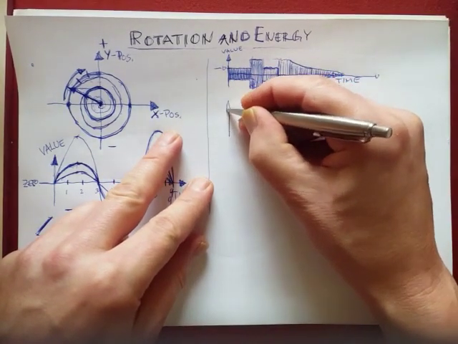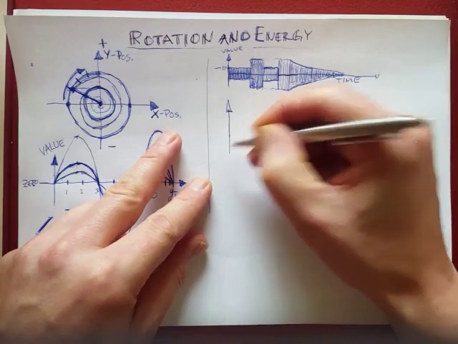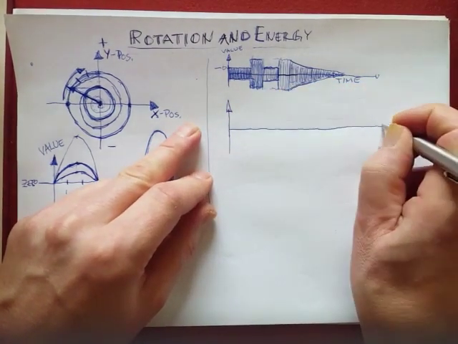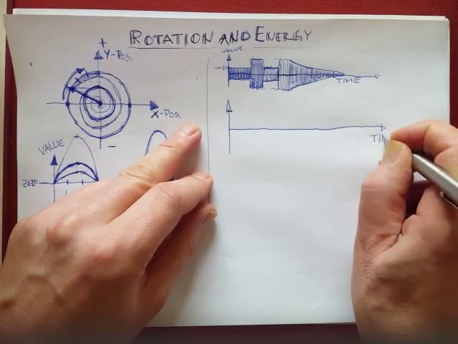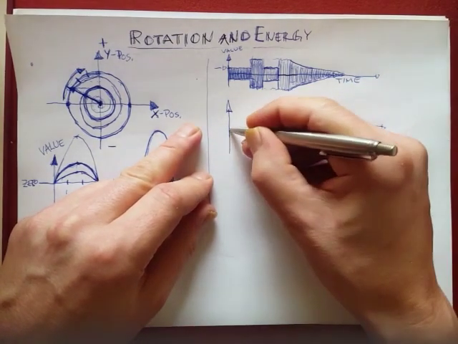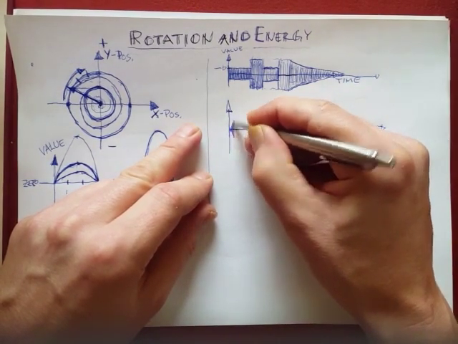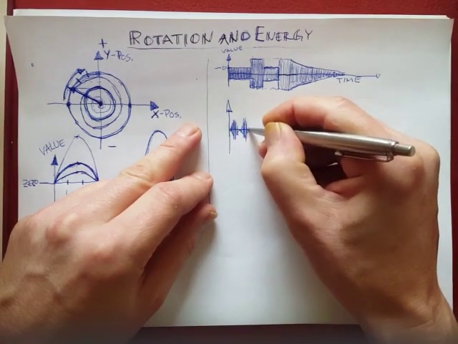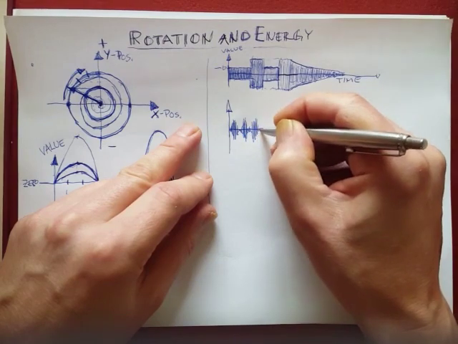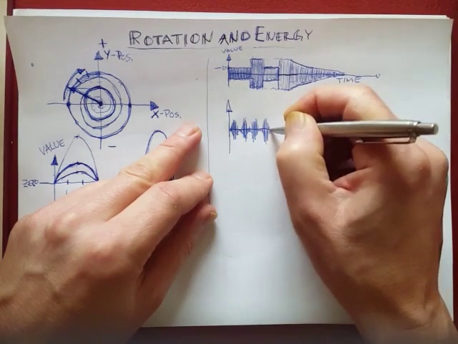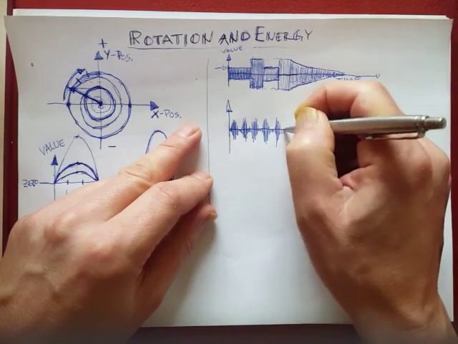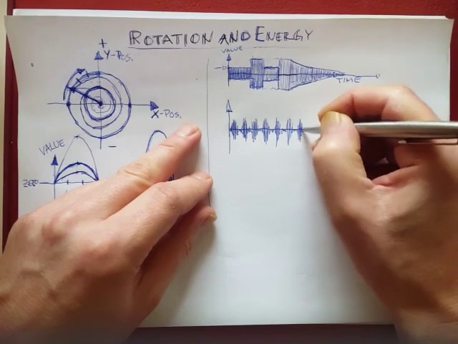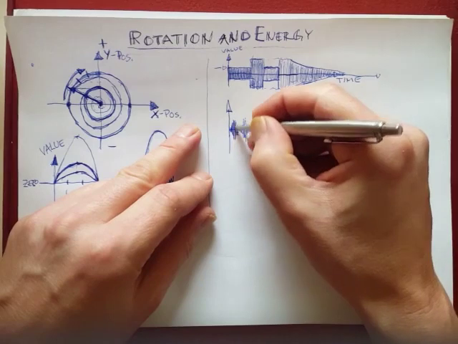In other words, what I'm saying is we can have a value that over time changes like this. That's clear? Okay.